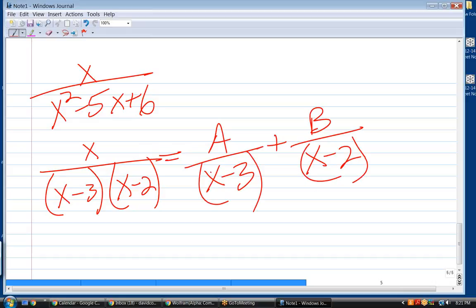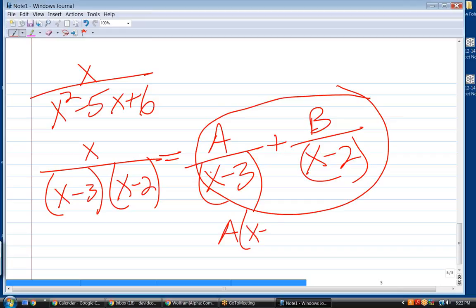Right? Okay. Now, if I were to add those two, I would find the common denominator, and then on the top left, I would have a times x minus 2, right?